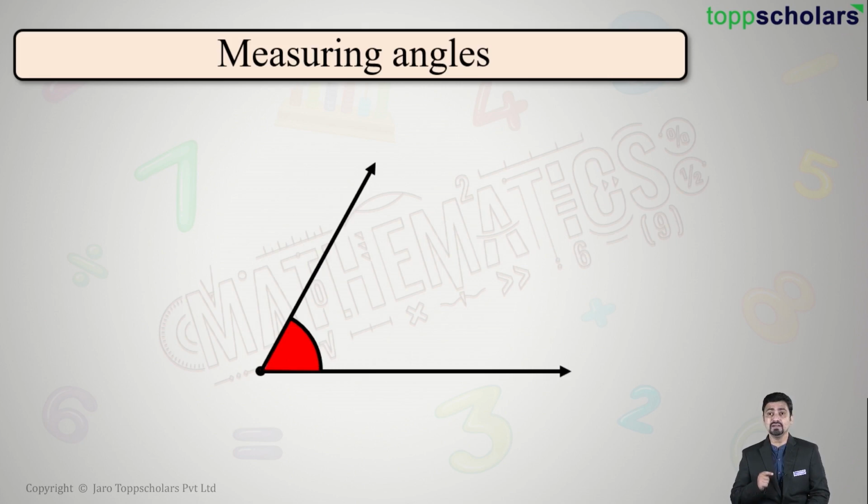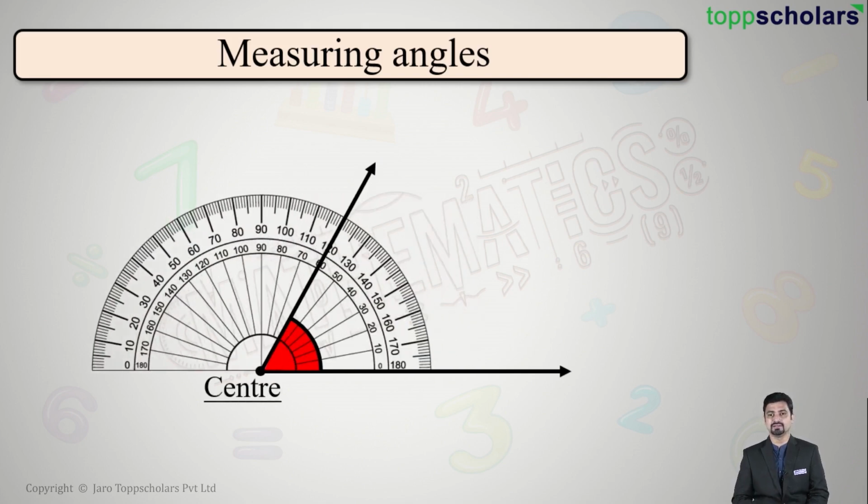How do I do that? I locate the vertex of the angle and at this point I will place the center of the protractor. See, the center of the protractor is exactly on the vertex. Also, students, the horizontal baseline of the protractor is coinciding with one of the arms of the angle.